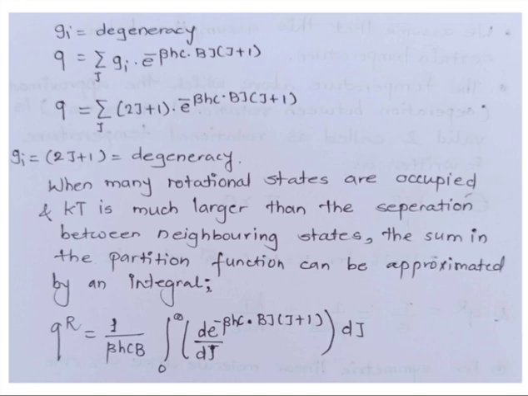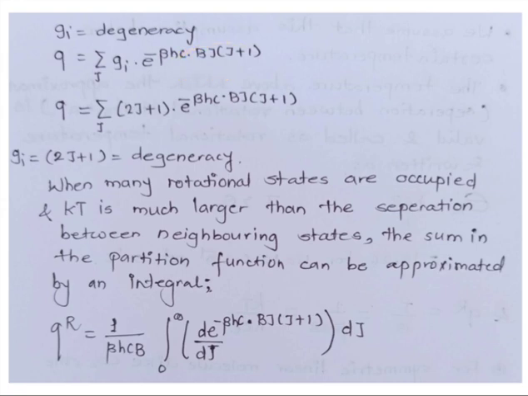So when there is a degenerate energy state, there will be a degeneracy, given by Gi. So the partition function equation became Q is equal to summation of Gi into e raised to minus beta hcB J(J+1). Instead of Ei, I have written the value of total energy, hcB J(J+1).